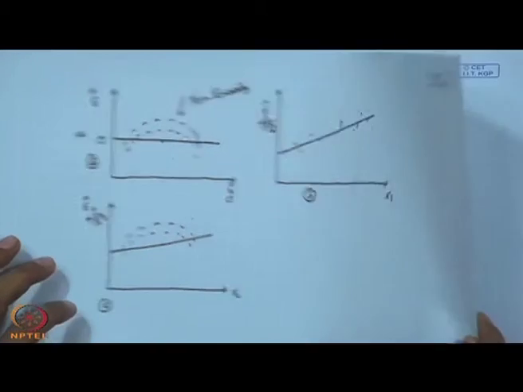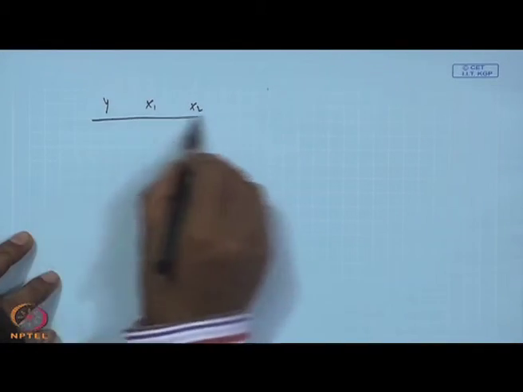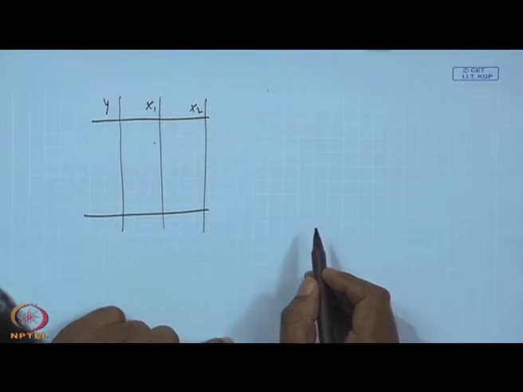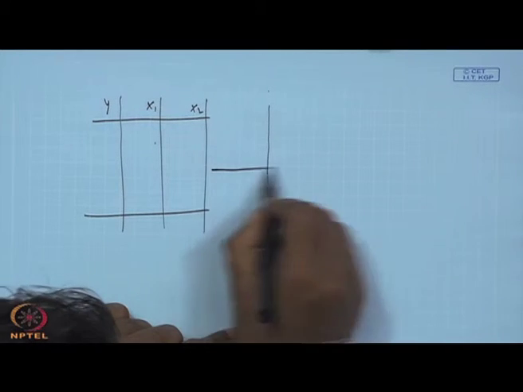So, the linearity assumption is vital, and when you collect data, suppose you have data y, x1 and x2 like this. For linearity, you just develop your scatter plot.